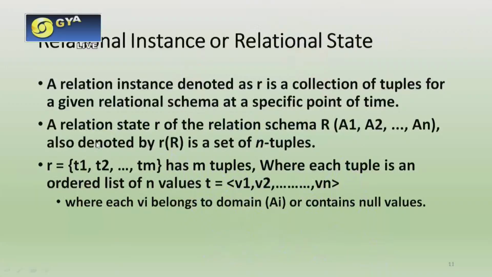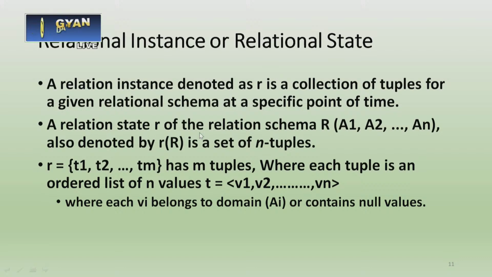A relation instance is denoted as small r. If capital R was the relational schema, small r is the instance, and it is a collection of tuples for a given relational schema at a specific point of time.